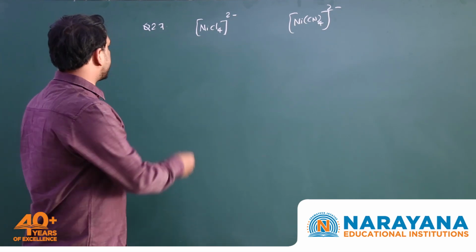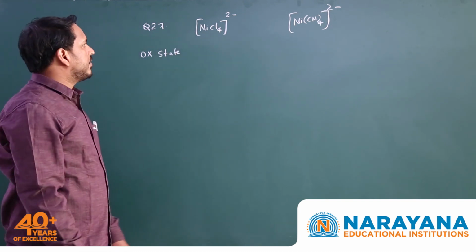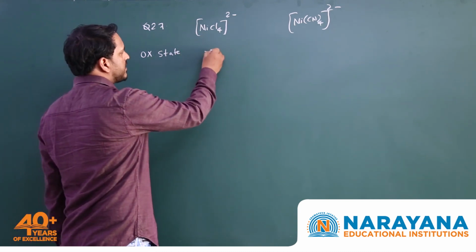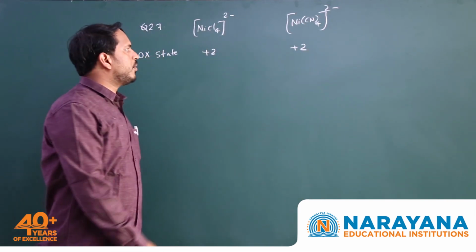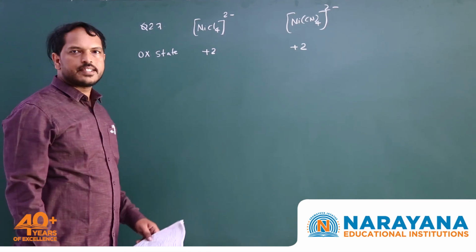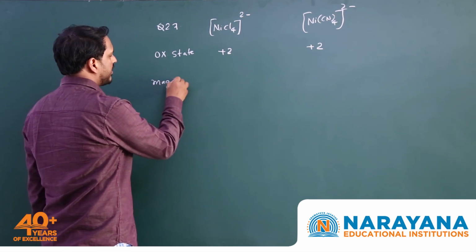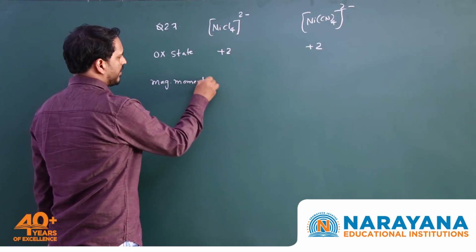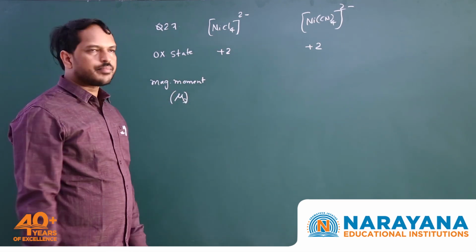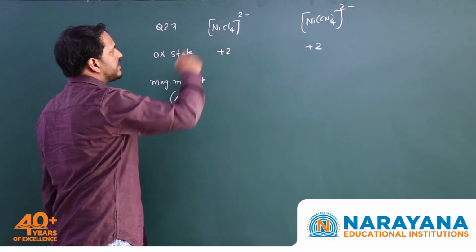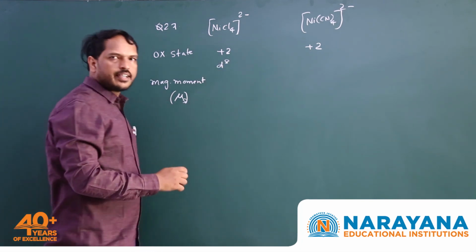So what are the options given? First one is oxidation state of the central atom. On calculation you will get the oxidation state of nickel is +2 here, here also +2. So both have the +2 oxidation state. Now the second option is magnetic moment. So if we calculate spin only magnetic moment, we know that nickel is +2, hence the configuration is d8.